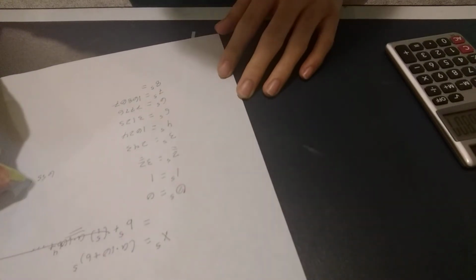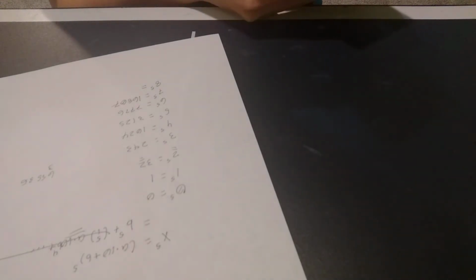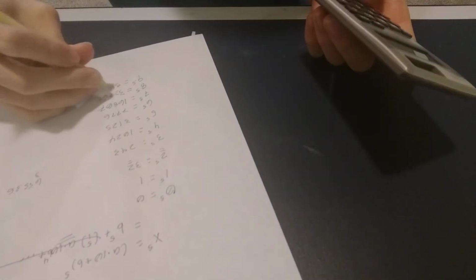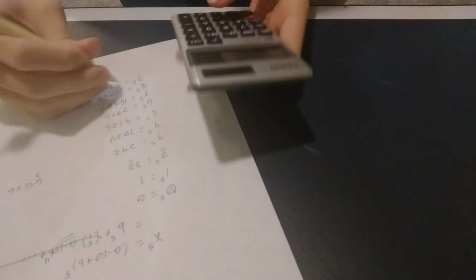Alright, and then 8 to the power of 5 is equal... Wait, I can actually figure this out, I think. 2 to the 15, 32768. Okay, 9 to the power of 5 is equal to 54049, maybe? Oh, 59049. Close enough.